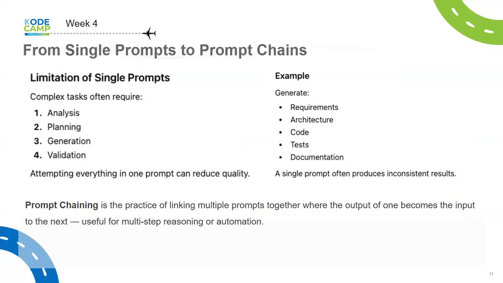Now, let's talk about prompt chains. We've already said that a single prompt is not enough in most situations. If you have really complex tasks, you will need to split them into multiple steps. If you try to squeeze everything into one prompt, the quality of your output is going to be very low.